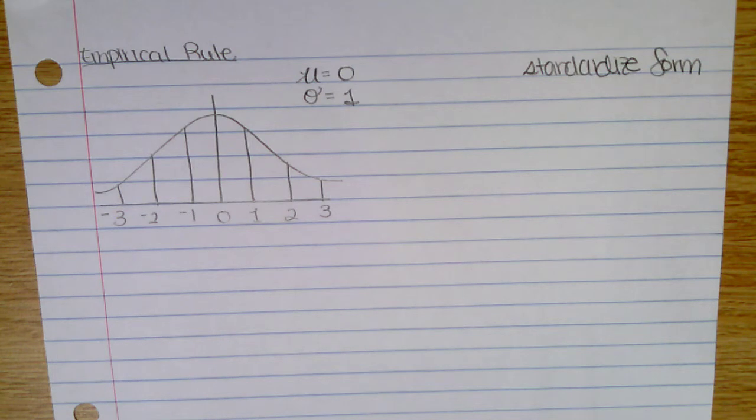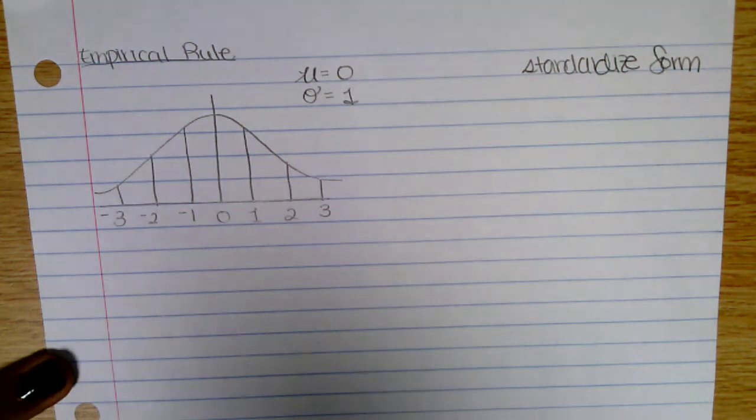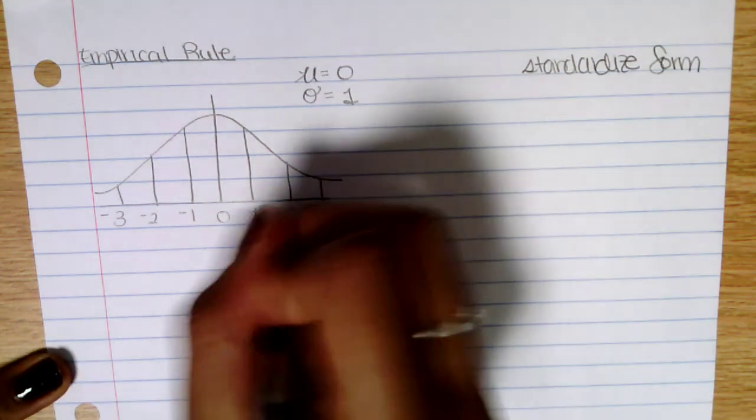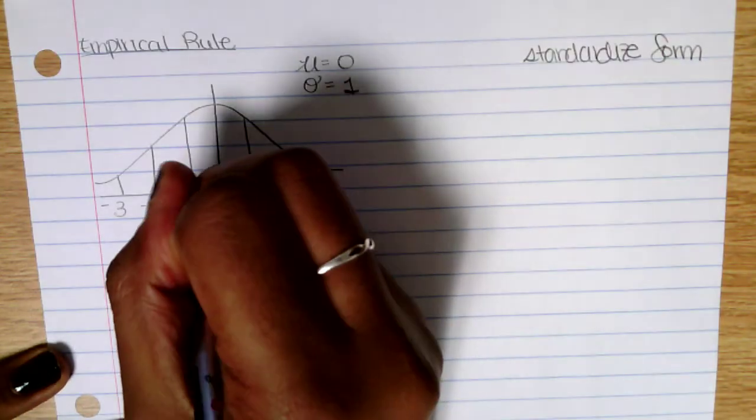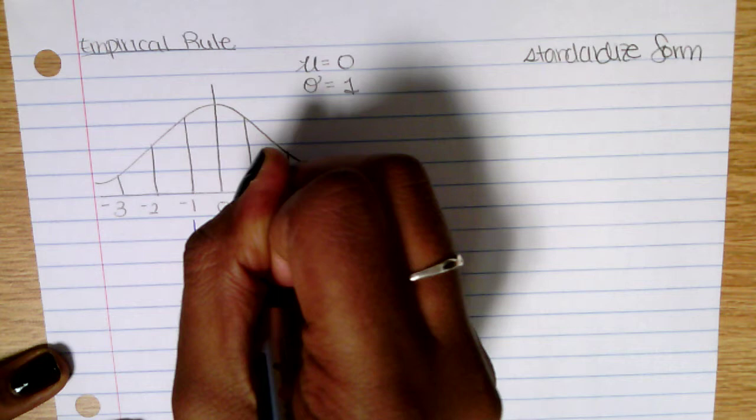So the empirical rule explains that from one standard deviation away on both sides of the mean, there is going to be 68% of the data that will lie in this interval.